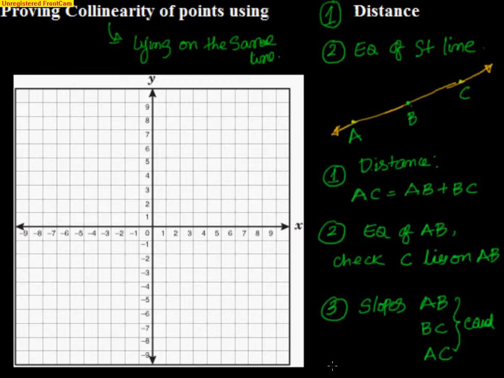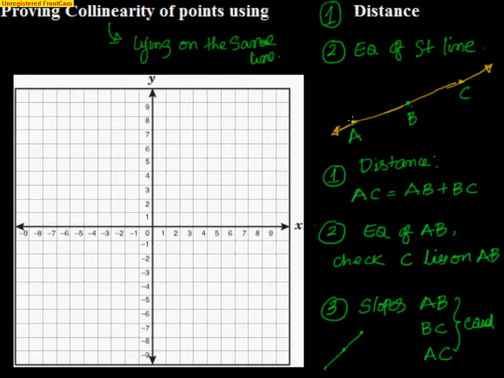So if the slope of AB, slope of BC, and slope of AC are all equal, then you can say that these 3 points are collinear. We'll check all these 3 methods by taking a simple example.